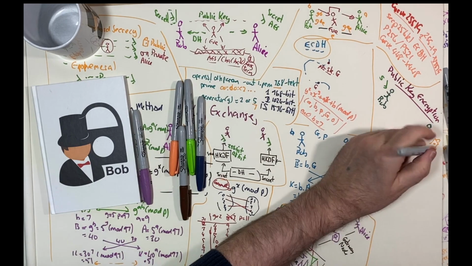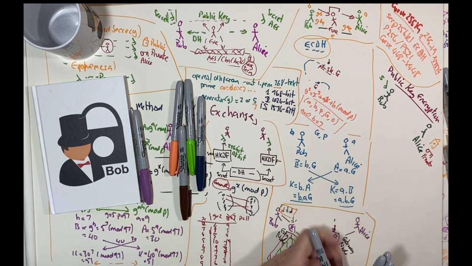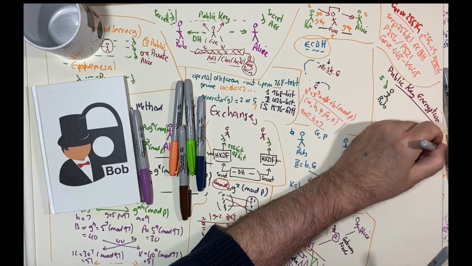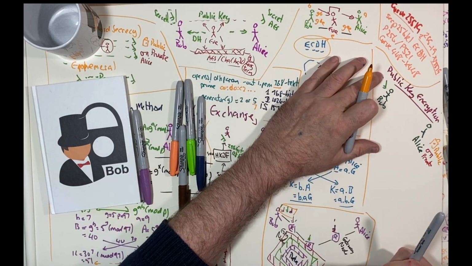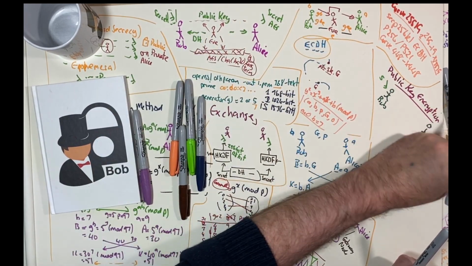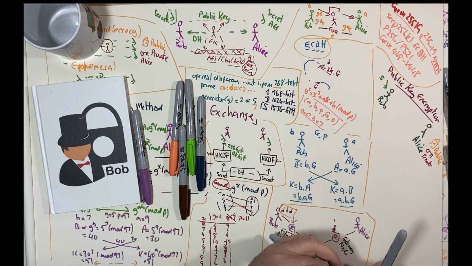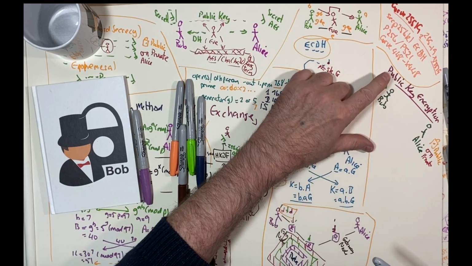This is the private key of Alice, and this is the public key of Alice. Okay, secret key, symmetric key, public private key, these are a pair that go together. If I encrypt with one, I decrypt with the other one.